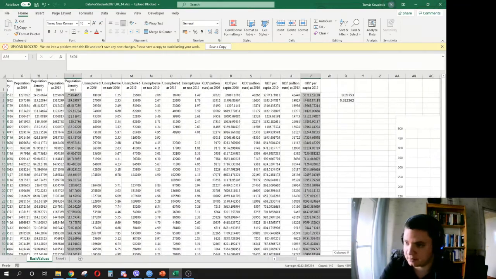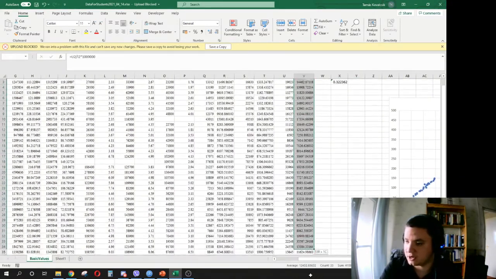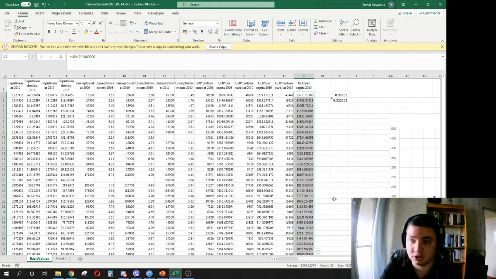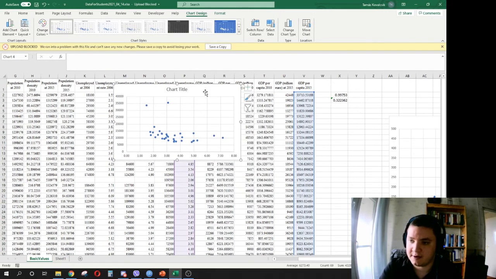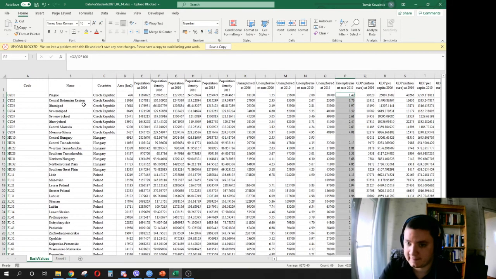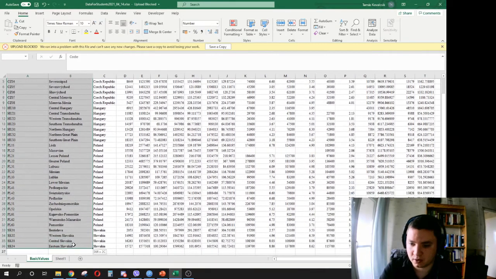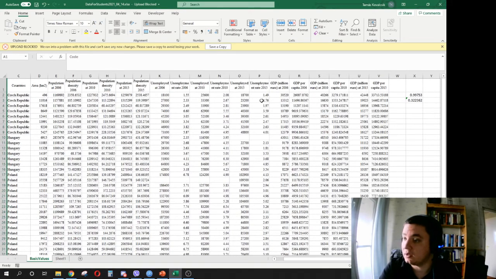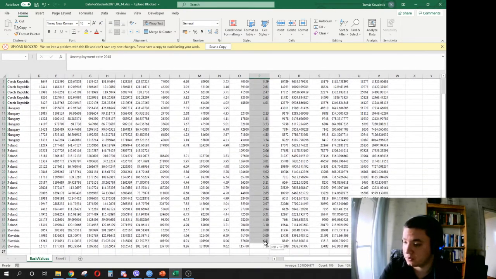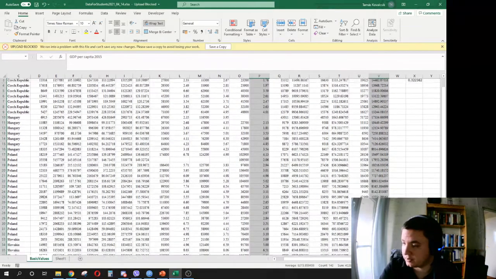Okay, but after that we can measure the correlation between the GDP per capita and the unemployment rate as well. Just insert a new chart. Yeah. We have two outliers as well, so we have to select and copy the unemployment rate and the GDP per capita as well.